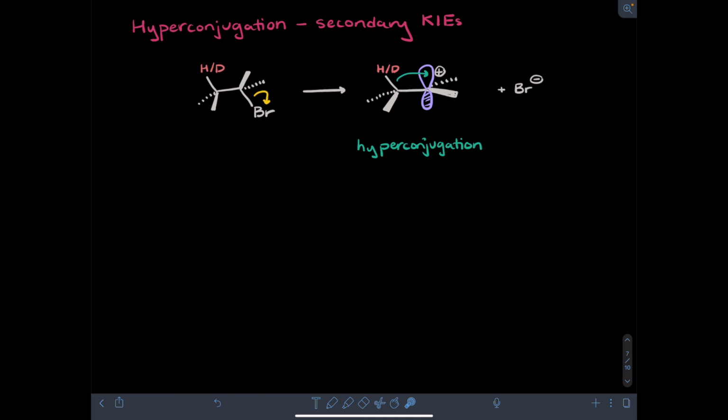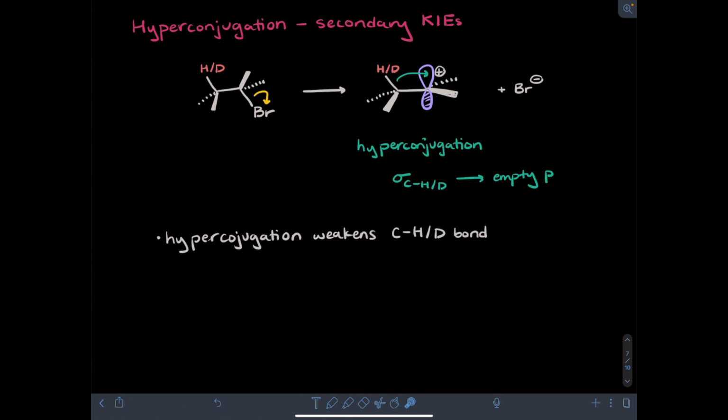The electron density from this bond can be donated to stabilize the carbocation through hyperconjugation. This is a donation of electron density from the sigma bond between carbon and hydrogen, or carbon and deuterium, into the empty p orbital of the carbocation.